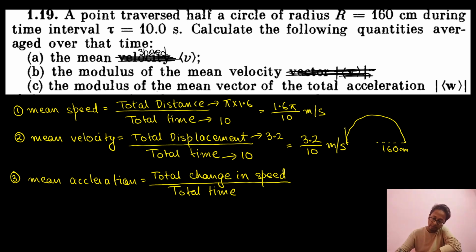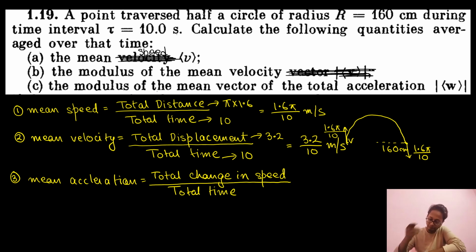The speed out here would be 1.6 pi by 10. The instantaneous velocity out here would be in this direction, and the instantaneous velocity out here would be in this direction.